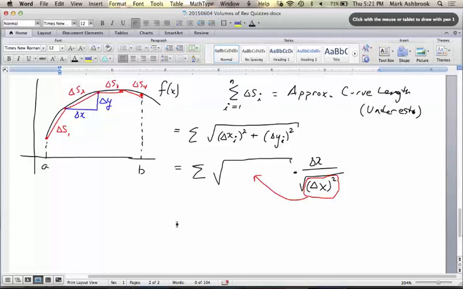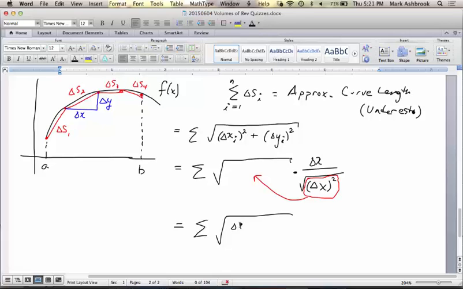Is it fair? And so then what will that give me? I'm going to distribute. So it's going to give me the square root of delta xi, and there's our delta x that we like, because that's going to be our dx, right?